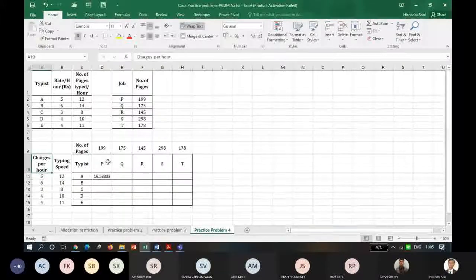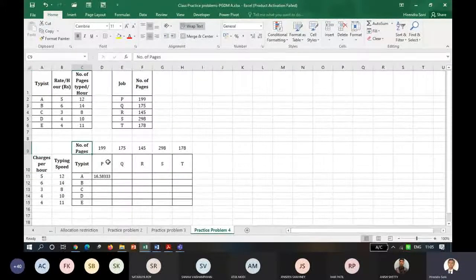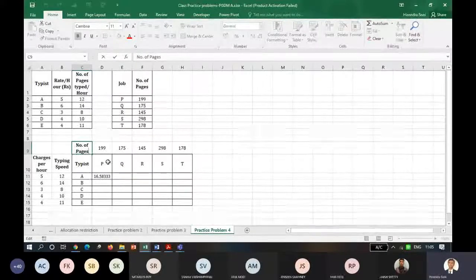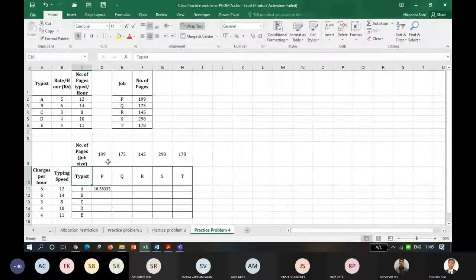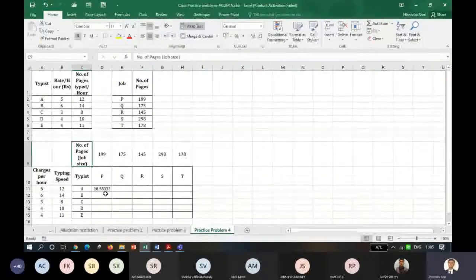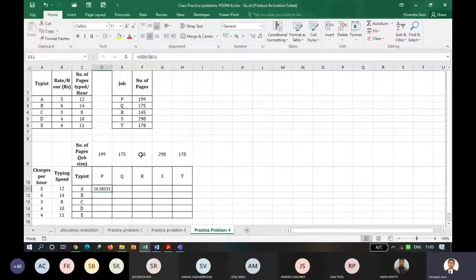Correct? And we can say number of pages, or we can also call it as job size. Fine. So 16.58, matlab this will not be 16.58, it has to be 17, है ना? So formula में थोड़ा सा और changes करना पड़ेगा.